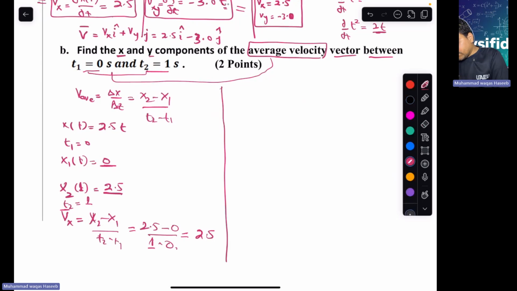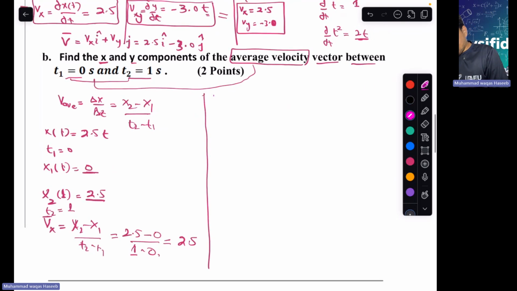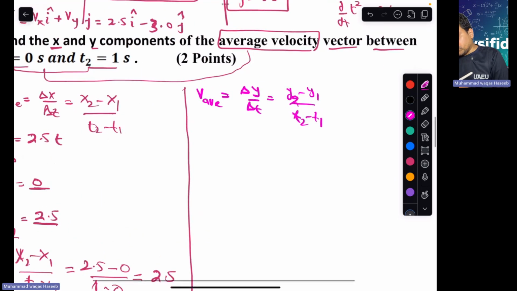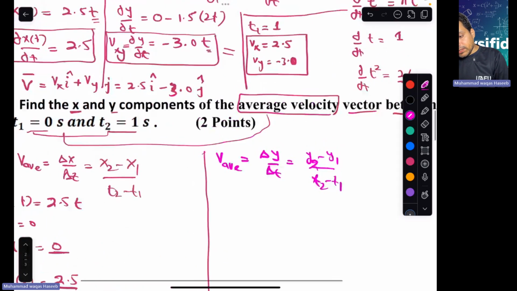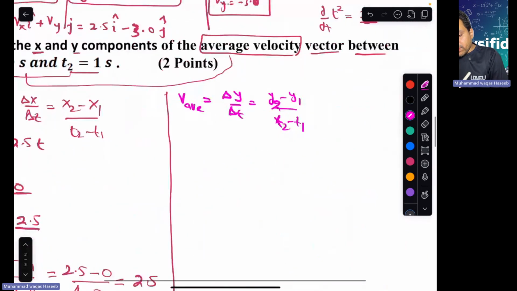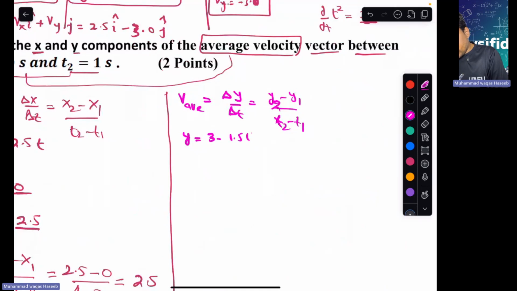Similarly, we can find the velocity along y. The average velocity along y is delta y over delta t, which is y2 minus y1 over t2 minus t1. Our y function is y equals 3 minus 1.5t squared.